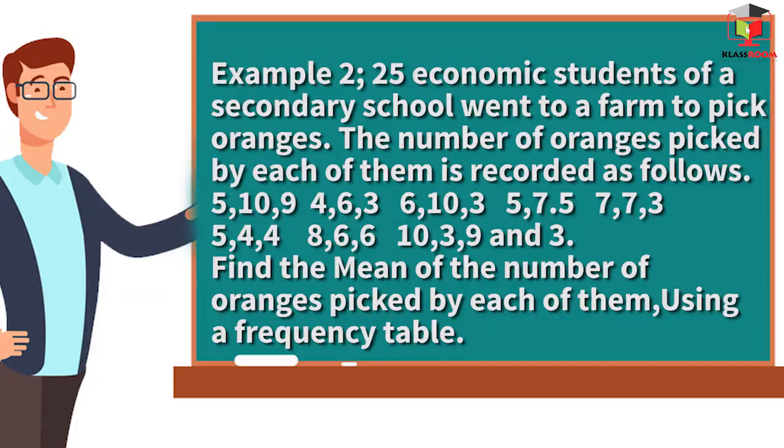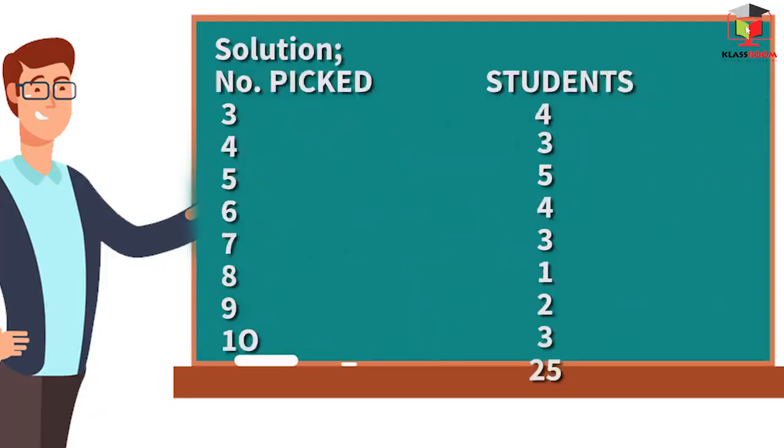Find the mean of the number of oranges picked by each of them using a frequency table. Solution. Number of oranges picked, starting from the first one, is 3, 4, 5, 6, 7, 8, 9, and 10.